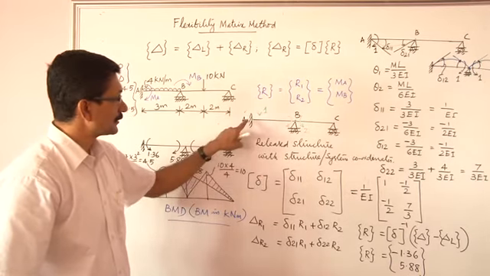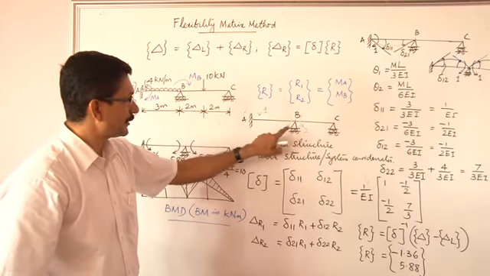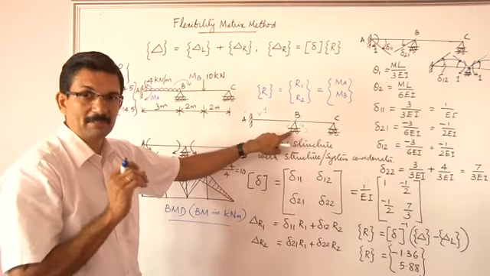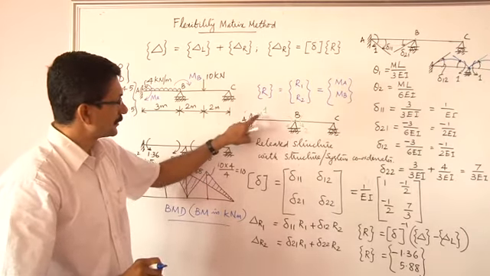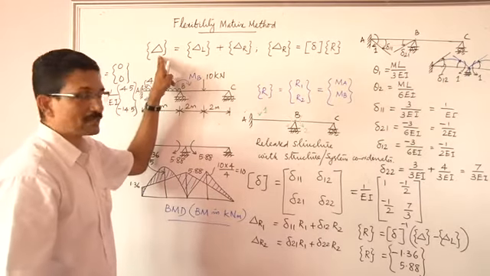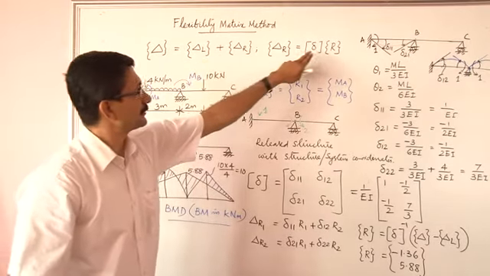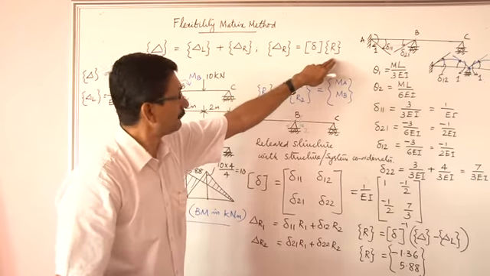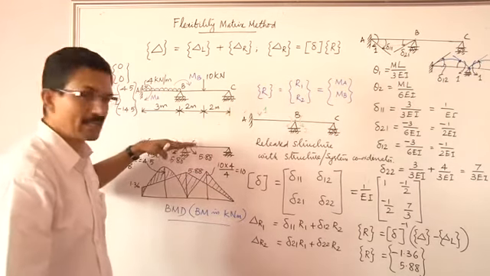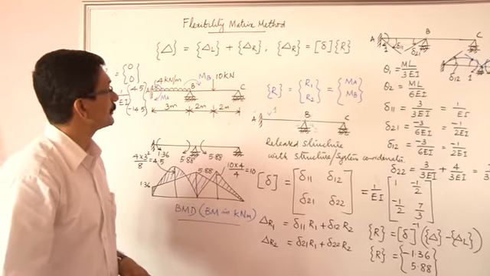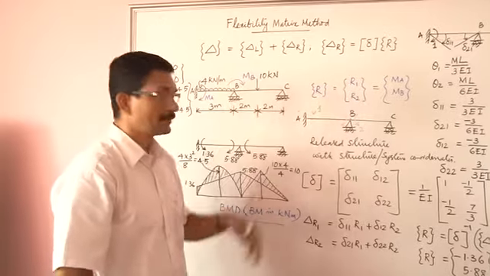We have released as many moments or forces as the degree of static interdependency first, and assumed coordinates corresponding to the degree of static interdependency, and then we have developed the delta vector, delta L vector, and this delta matrix, and evaluated the value of capital R, the unknown forces. And then we have found out the other forces or the bending moments and drawn the bending moment diagram. That is essentially the procedure of the flexibility matrix method for a two-span continuous beam.